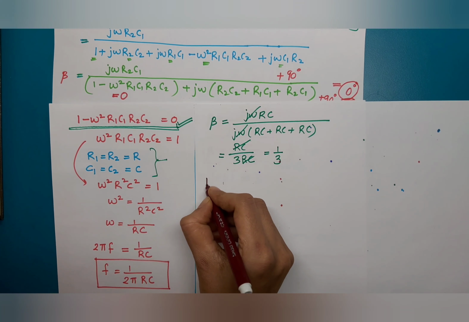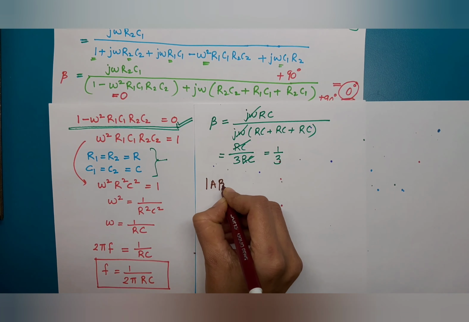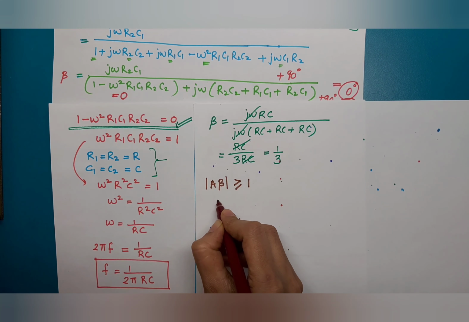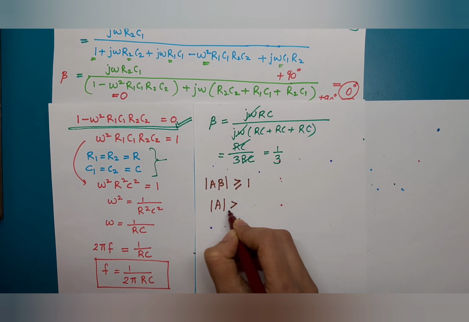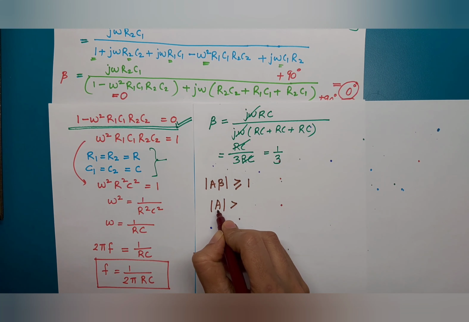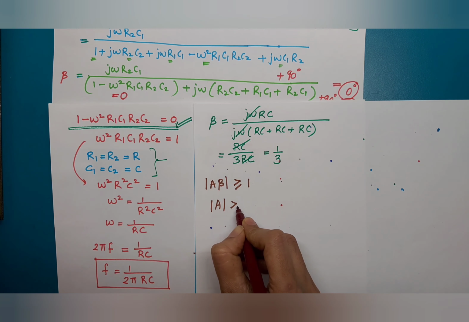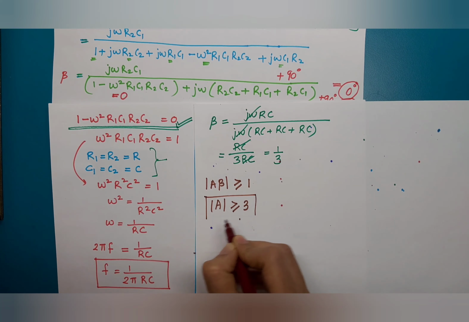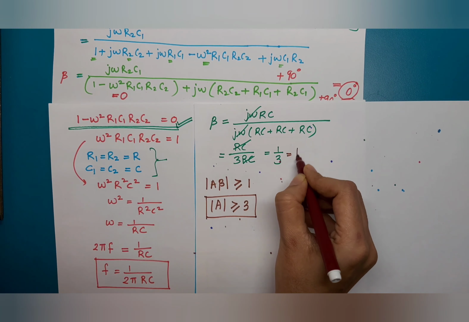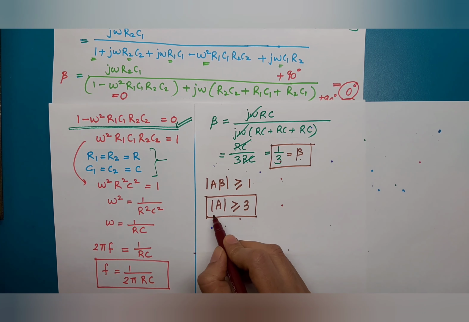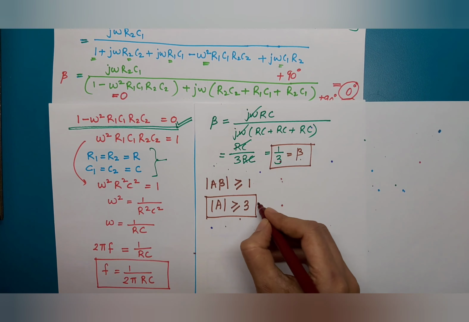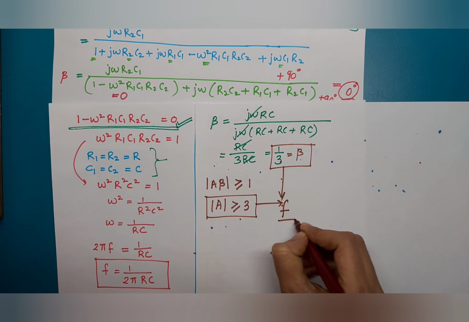Another condition of Barkhausen criteria is that the magnitude of loop gain should be greater than or equal to 1. In this, putting beta as 1 by 3, we get magnitude of gain of the amplifier without feedback as greater than or equal to 3. So for Wien bridge oscillator, we get the values of two gains: gain of the amplifier without feedback as 3, and gain of the feedback network as 1 by 3 at frequency of oscillations f.